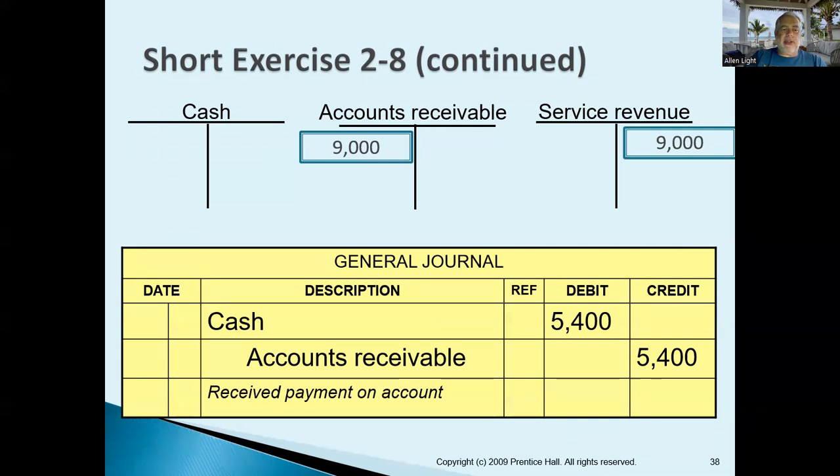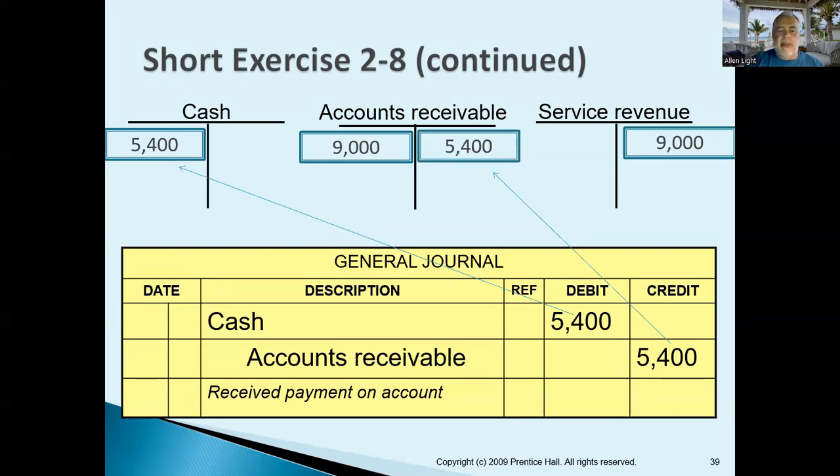Now I have to post these to the respective T accounts in the ledger. And again, just do what it tells us to do. It's telling us that we need to take $5,400 and put it on the debit side of cash. So there it is. We also need to take $5,400 and put it on the credit side of accounts receivable. So there it is.